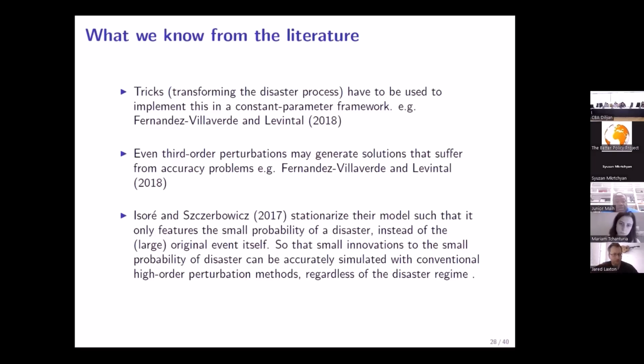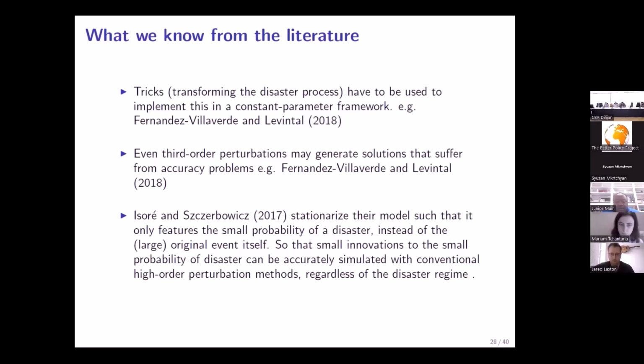In the literature, even third-order perturbations may generate solutions that suffer from accuracy problems.